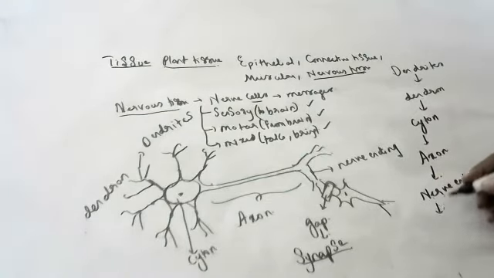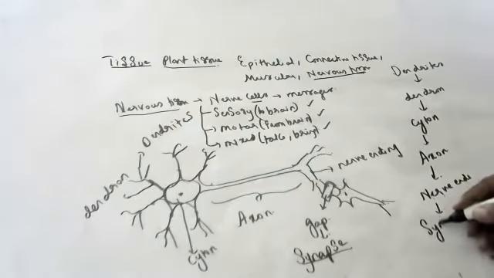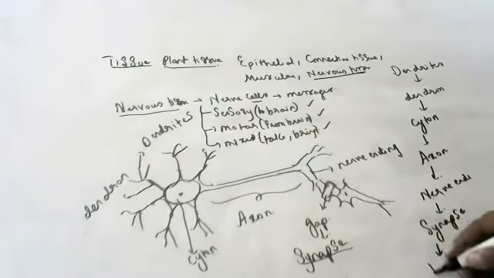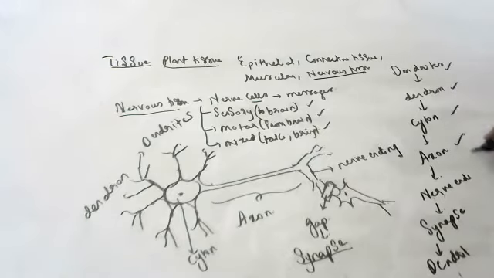At nerve endings, there is a gap called synapse. After the synapse, new nerve cell dendrites will be there. Again, this cycle will continue. Dendrites, dendron, cyton, axon, nerve ending, synapse.